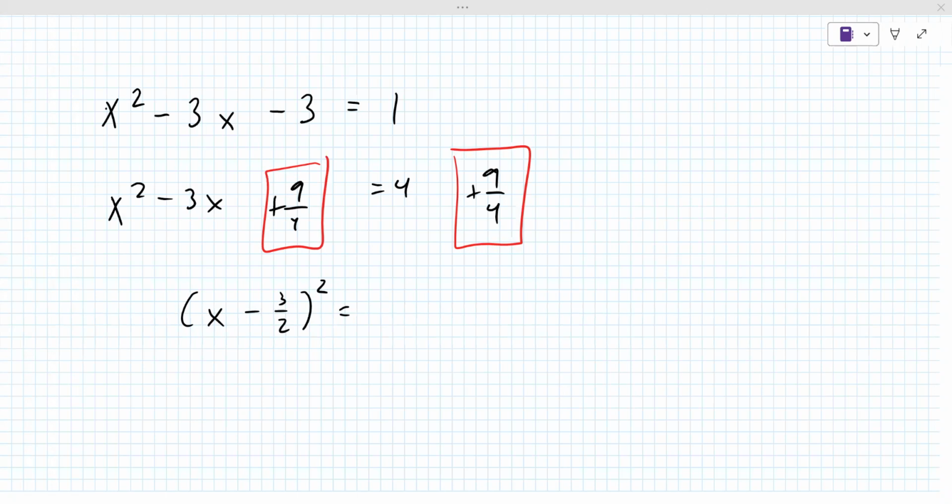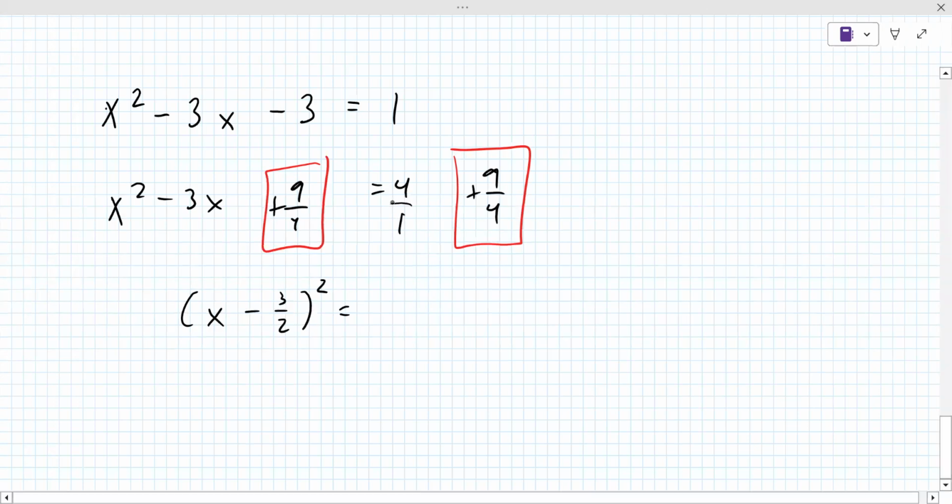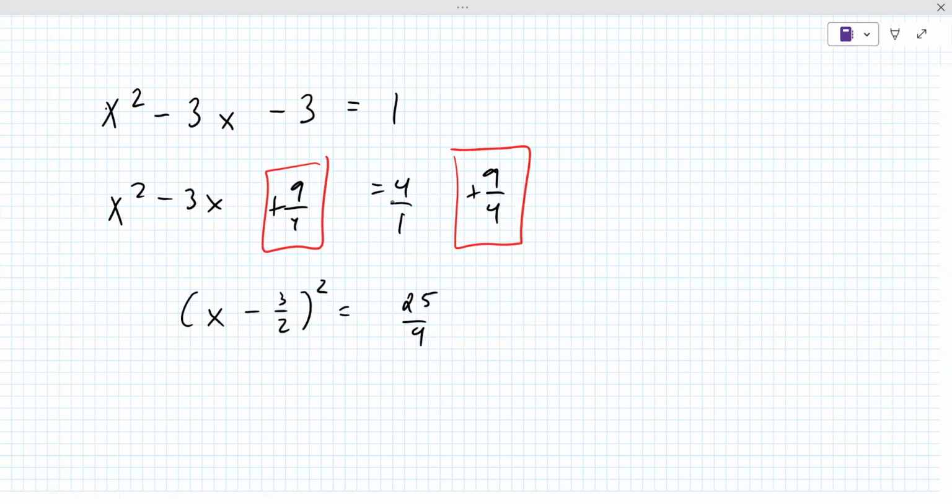And 3/2 plus or minus 5/2. Then you get x equals 8/2, then x equals -2/2 or -1.